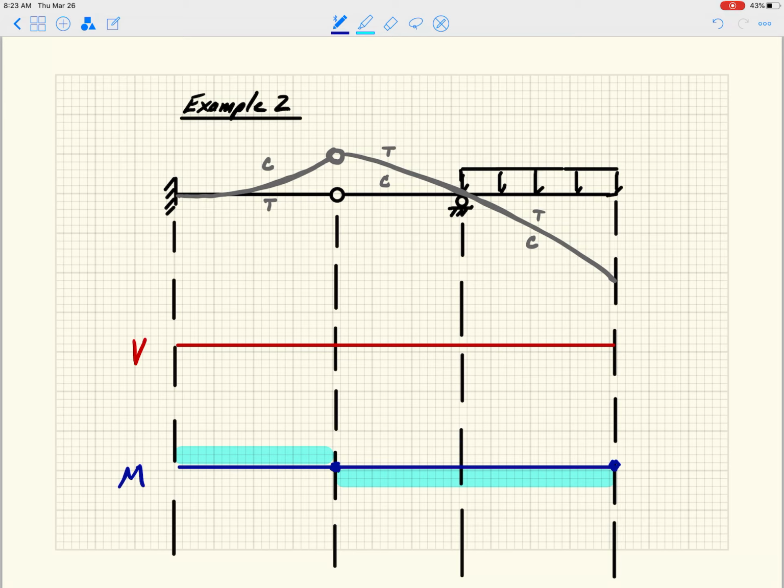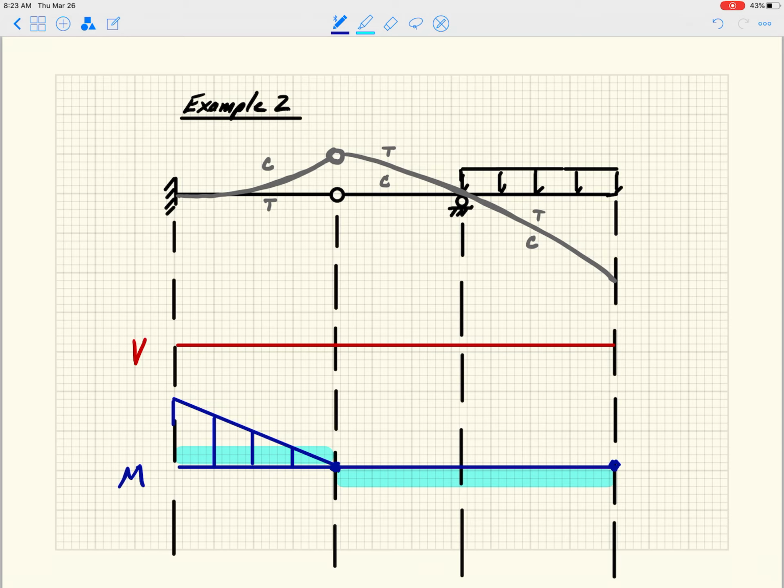And so I know to the left of the hinge, it's got to be plotted on the top, and to the right of the hinge, it's got to be plotted on the bottom. Since there's no load between the fixed support and the roller, at most that can be linearly varying, so it has to look like that. There's no other way it can look.